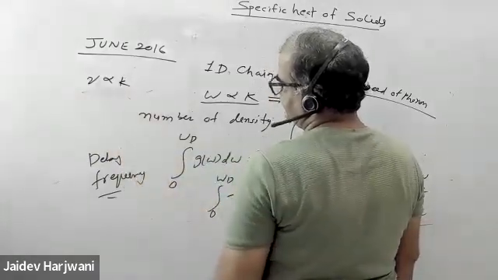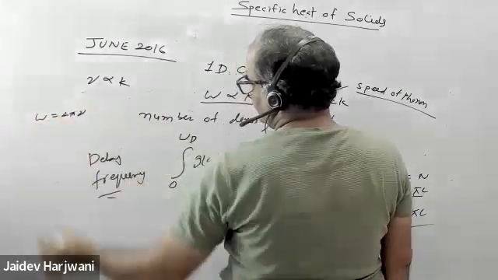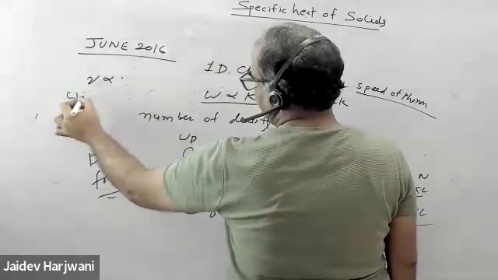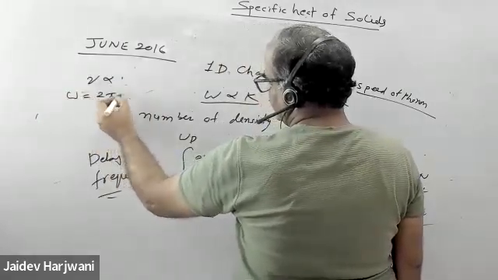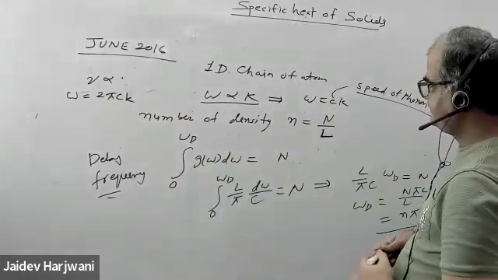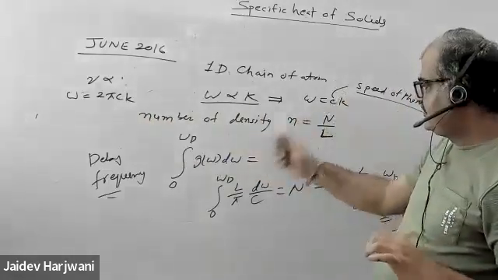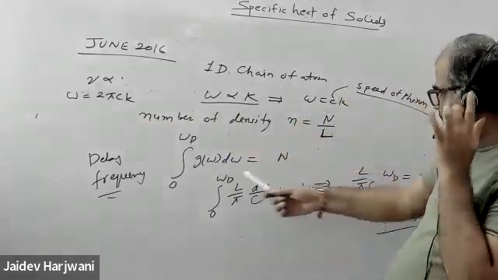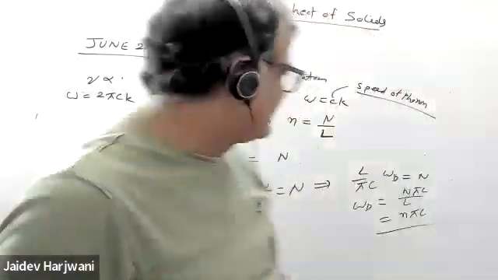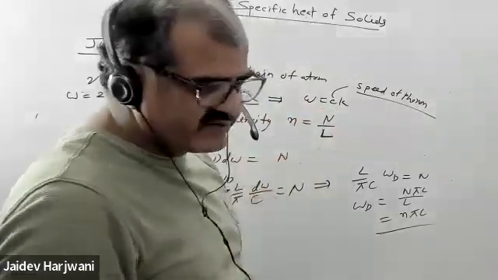We know omega is 2 pi nu, so a 2 pi factor will come here, so omega will be 2 pi ck. If I use omega equal to 2 pi ck, then how will this expression change? Tell me what is the Debye frequency.